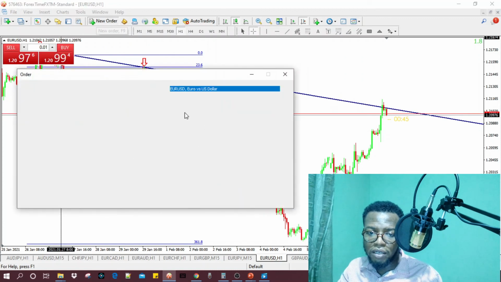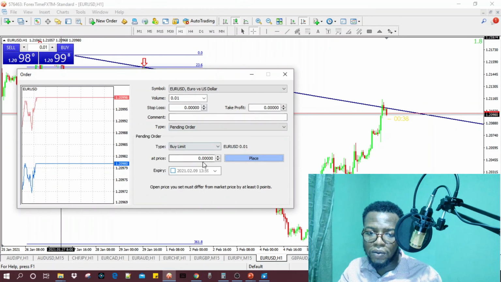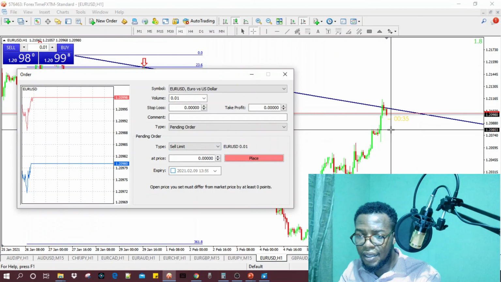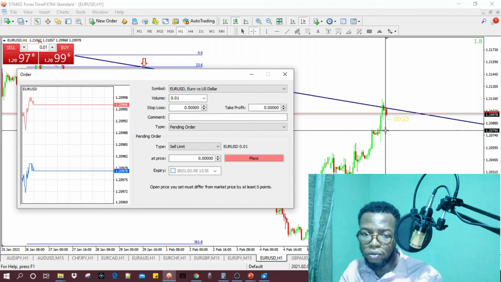So let's say a pending order, sell limit, 1.20980.